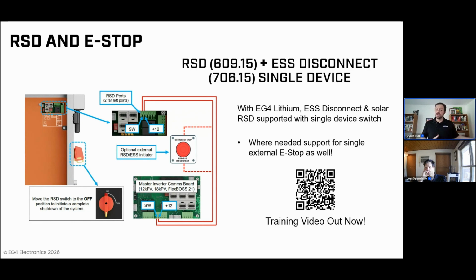Or, depending on where the GridBOSS is placed and what your AHJ requires, we can also support an external e-stop button deployed on site to give emergency responders a very easy single location to initiate system shutdown of the device and have a safe pathway to respond to whatever emergency might be present on that home or property.